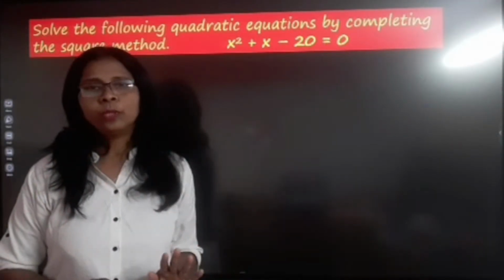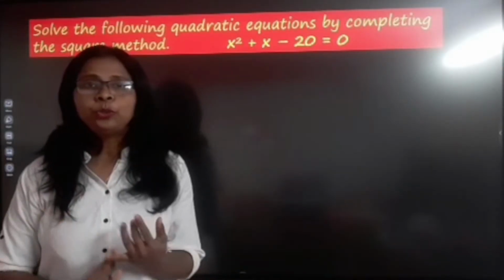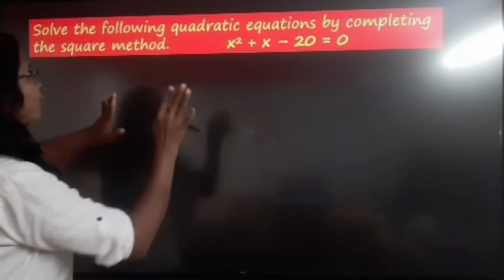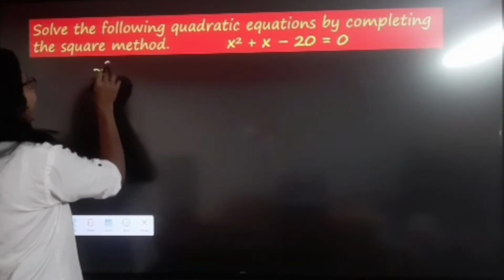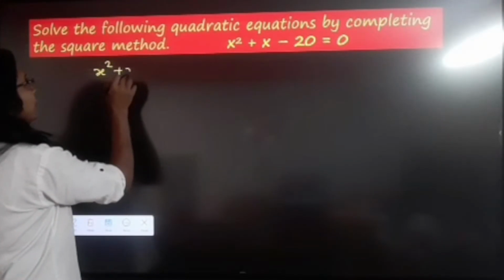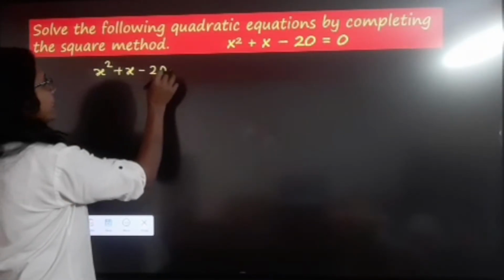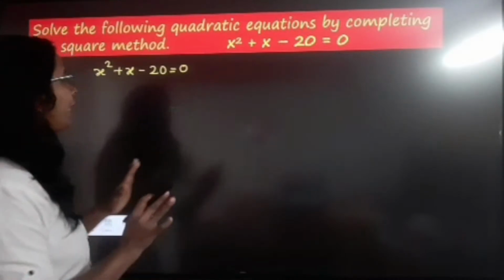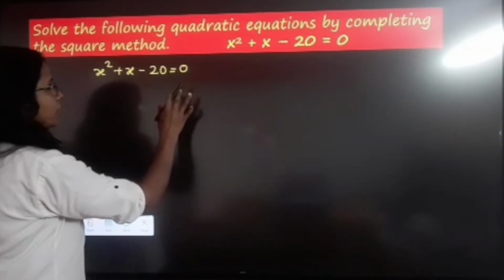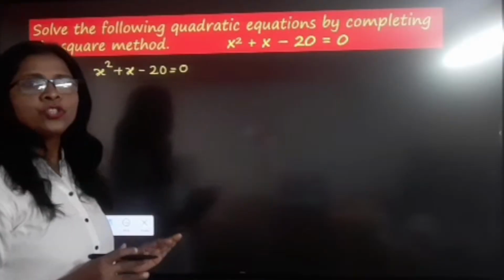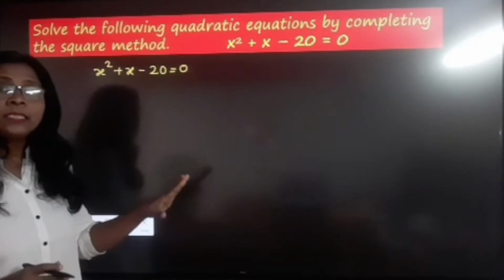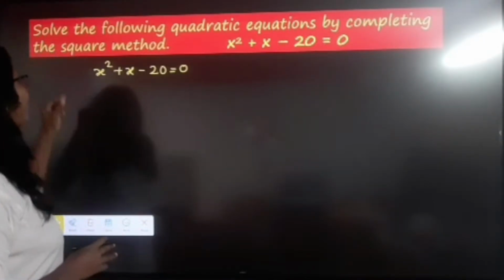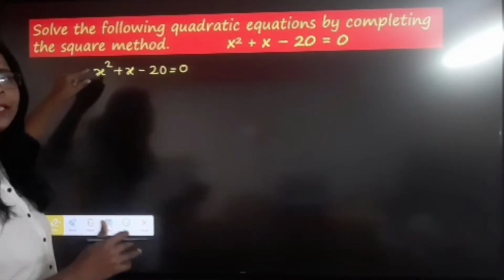If you want, there is a requirement of steps. First, we write the given equation as it is. Then, if there is a coefficient of x square other than 1, we try to remove that coefficient.